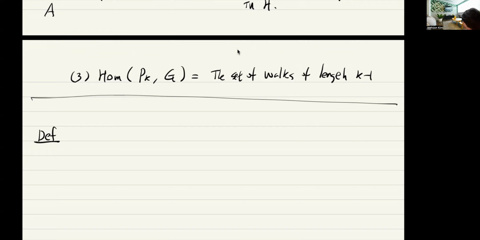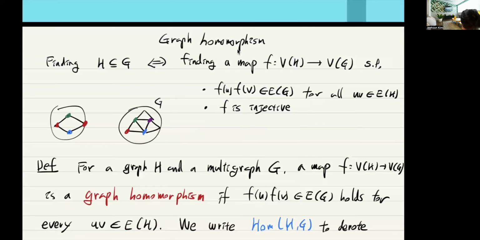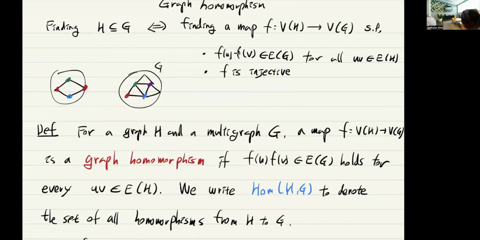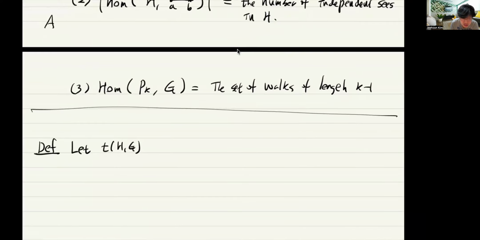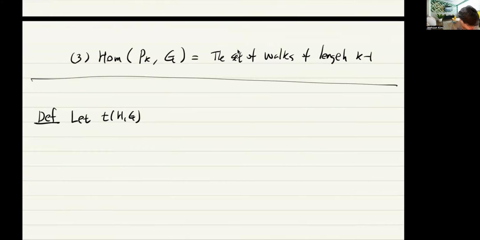Okay, before proceeding further, we will use this concept to find bounds on the extremal number of even cycles. And that's our goal. But before doing that, let me introduce this concept of homomorphism density.